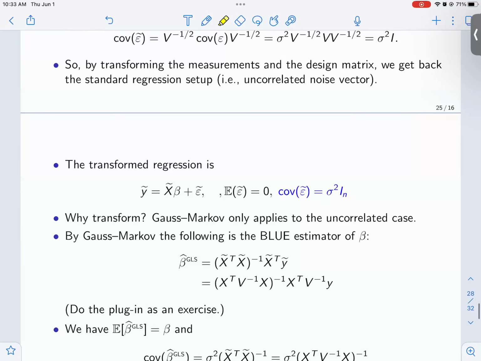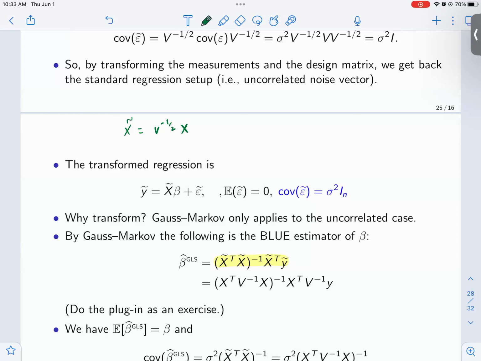So once we have this new model, we can form the OLS in this new model: x tilde transpose x tilde inverse x tilde transpose y tilde. X tilde is V minus 1/2 times the original x. So if you do the calculation, you get this result: x transpose V inverse x, the whole thing inverse, times x transpose V inverse y.